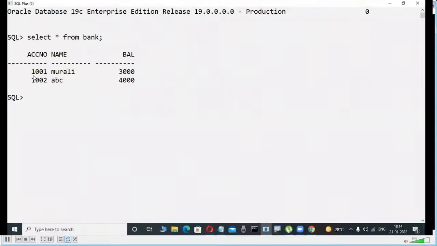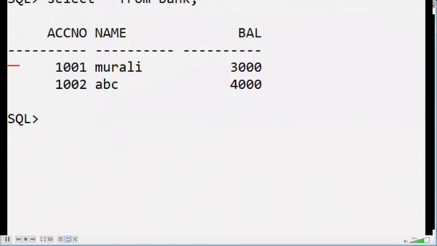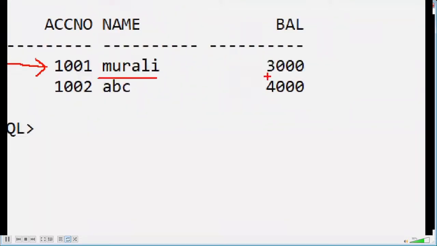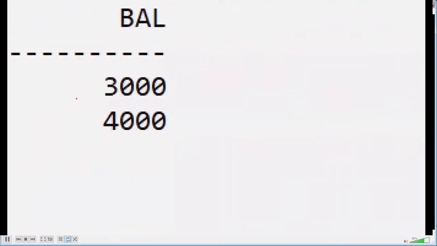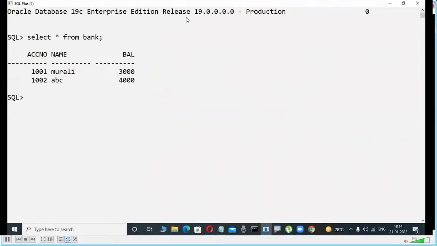Suppose this data, observe for one minute. 1001 is an account number. My name is Murali, I'm the account holder. My balance is how much? 3000.